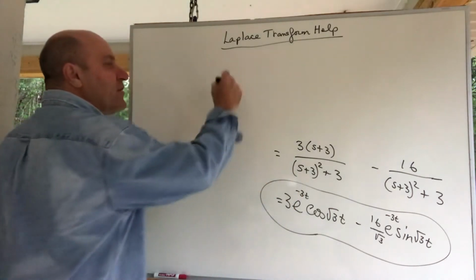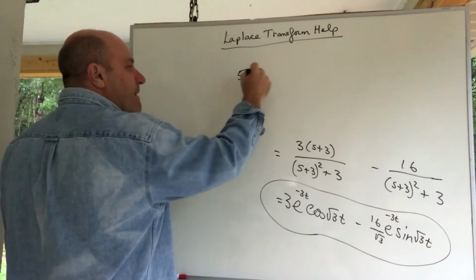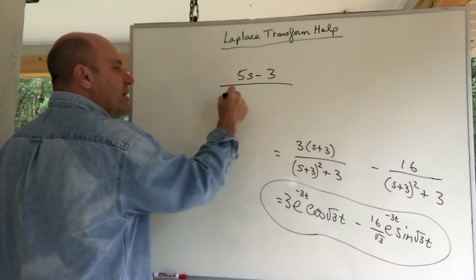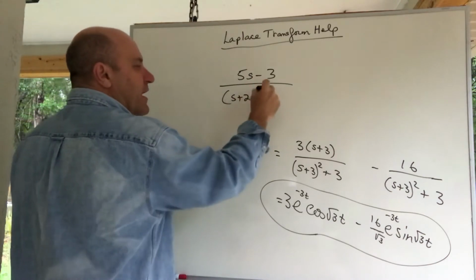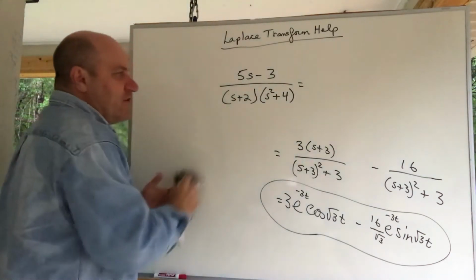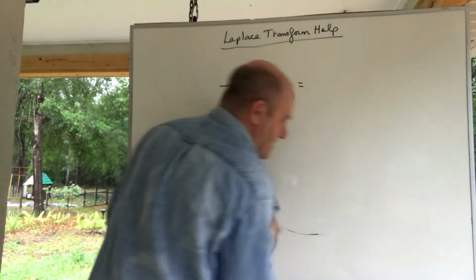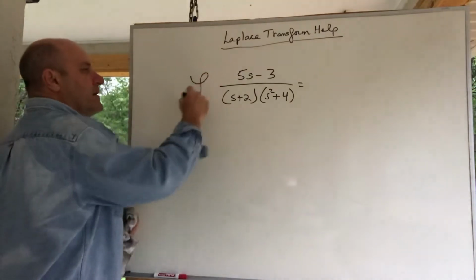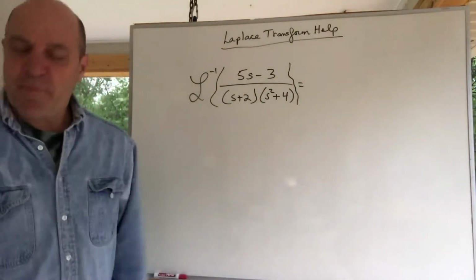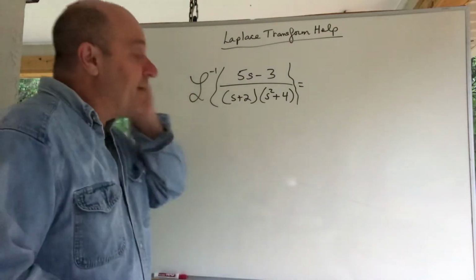But when you're trying to do a Laplace inverse, I'm just making this up, of 5s minus 3 over s plus 2 times s squared plus 4, and it might show up in the future, I've been able to look up most of these things or manipulate them so I can look them up.